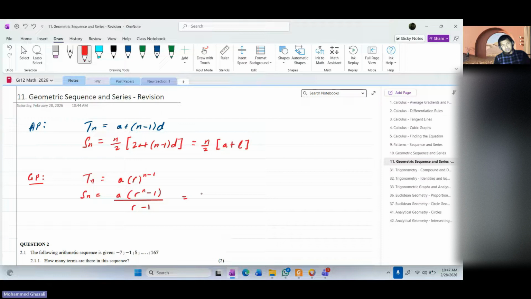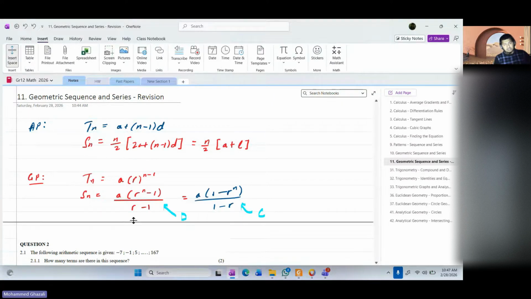We can also use this formula when it diverges, when the numbers get bigger and bigger and bigger. And for converging, we use a times 1 minus r to the power n divided by 1 minus r. We use this formula when the sequence of numbers gets smaller and smaller and smaller.